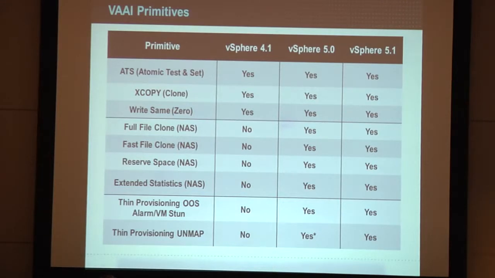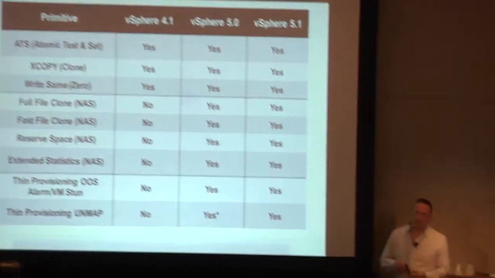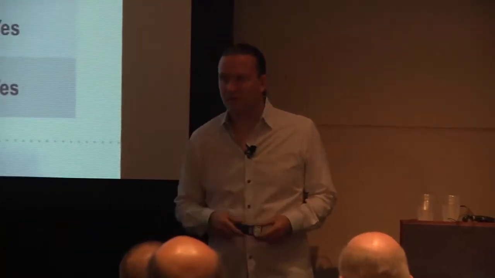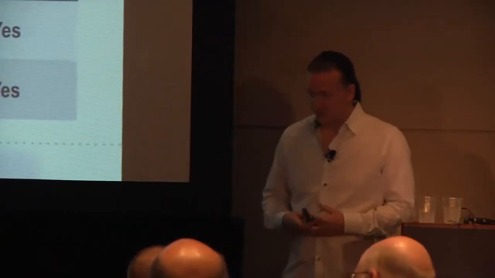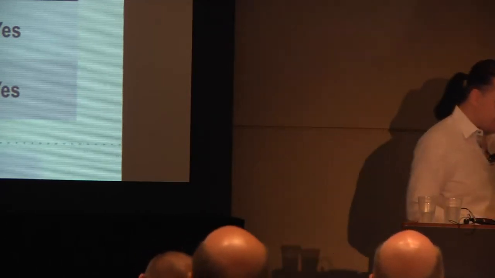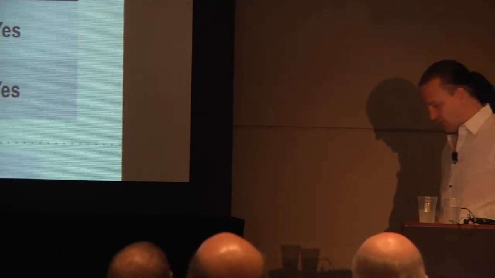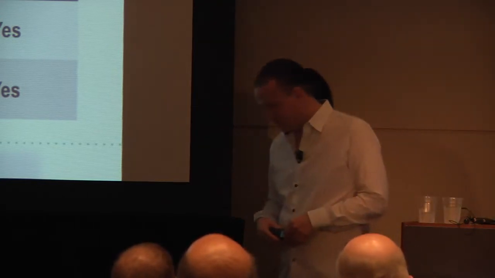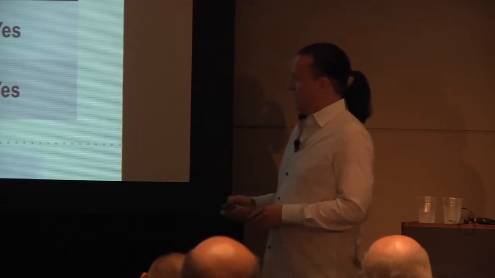And it's about 700 different bits of storage that support VAAI. Probably because it's not a vSphere function, essentially, because the storage vendors have to write software that they then plug into the hypervisor. So whether it's not worth the effort for them or I don't know, but VAAI is not available for as many storage arrays as I'd like.